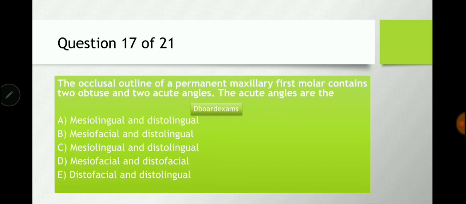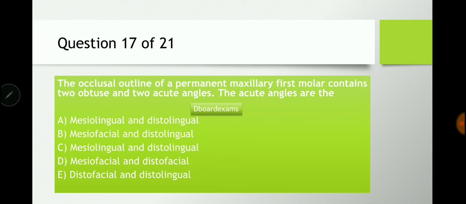So 17. The occlusal outline of a permanent maxillary first molar contains two obtuse and two acute angles. This is a question where we have to know the angles. Which ones are the acute angles? Is it the mesiolingual and the distolingual?